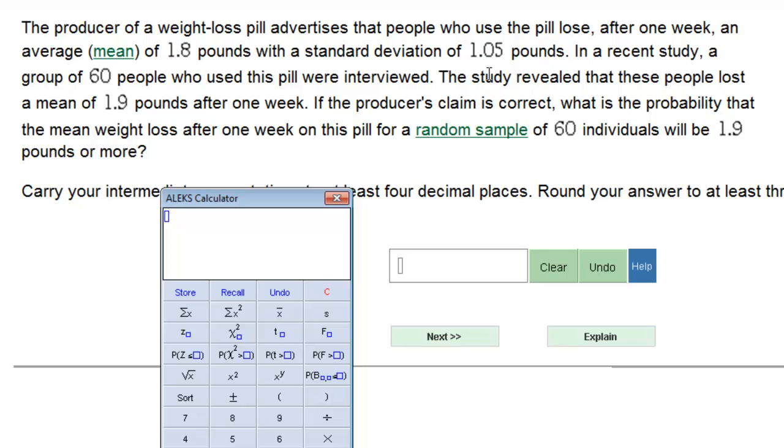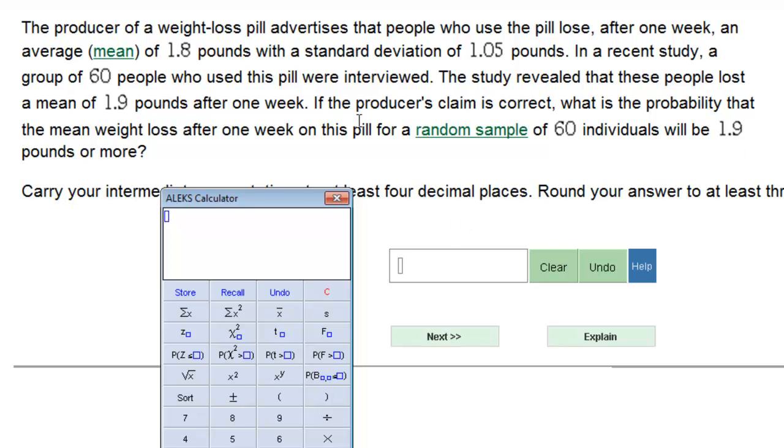In a recent study, a group of 60, see, we don't even need to know if it's normally distributed. We have an appropriate sample size. A group of 60 people who used this pill were interviewed. The study revealed that these people lost a mean of 1.9 pounds, so better than their claimed average after 1 week. If the producer's claim is correct, what is the probability that the mean weight loss after 1 week on this pill for a random sample of 60 individuals will be 1.9 pounds or more?